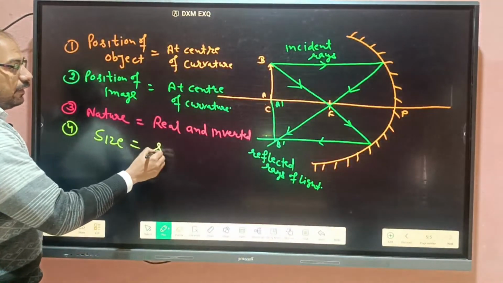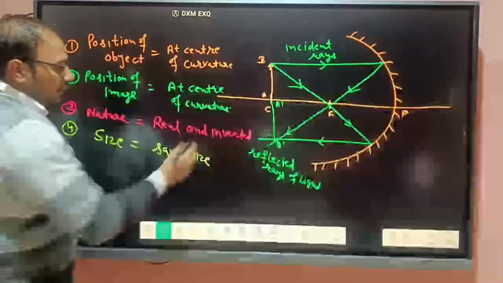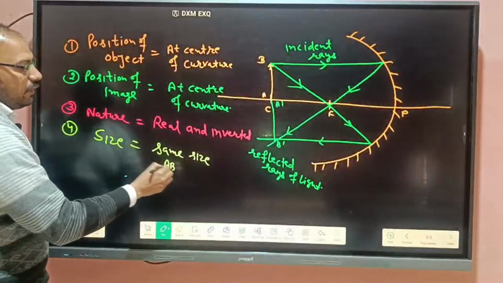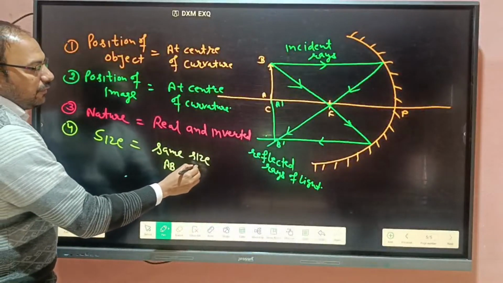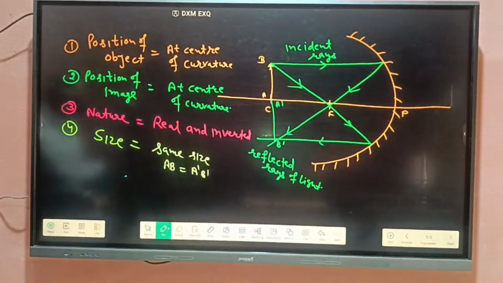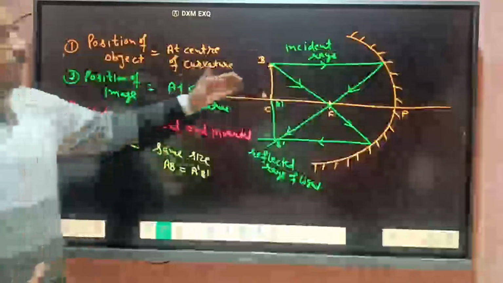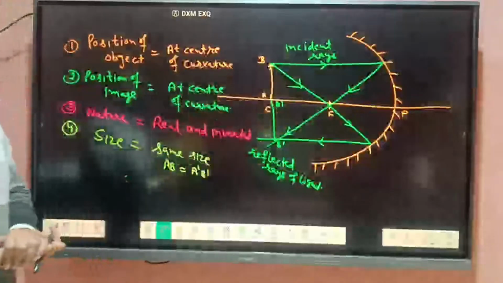So we write same size, meaning the height of object AB is equal to A dash B dash. This is the second case: when we put the object at the center of curvature, the image forms at the center of curvature.